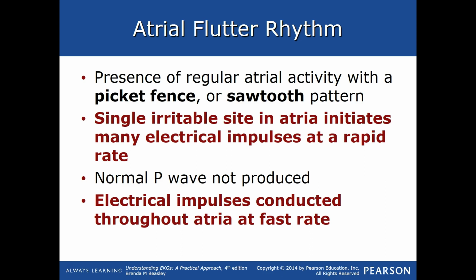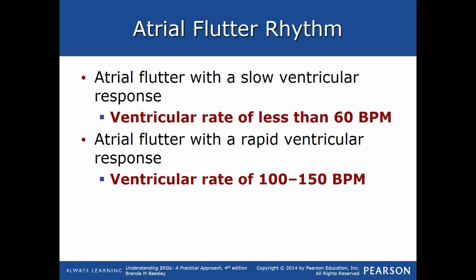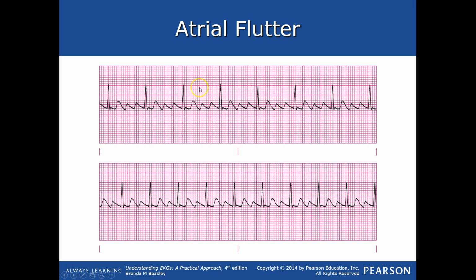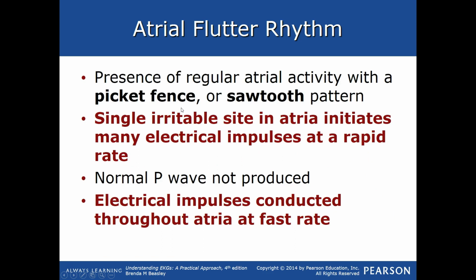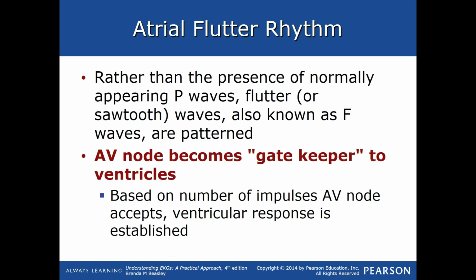Here we're seeing 2-to-1, 3-to-1, 4-to-1. So these are all atrial contractions, and then you have your ventricular contraction. We call these 2-to-1, 3-to-1, 4-to-1, or whatever.